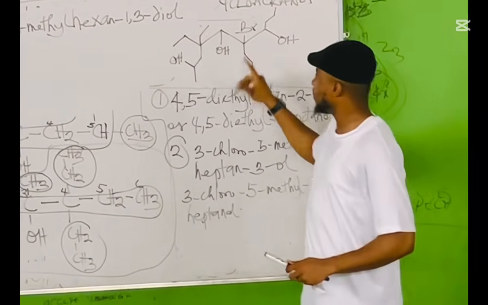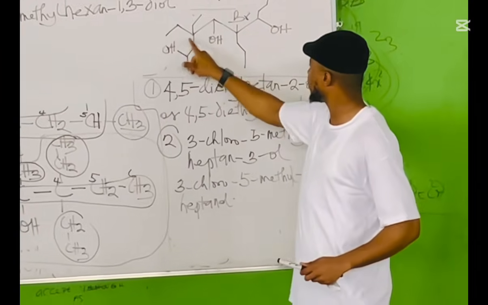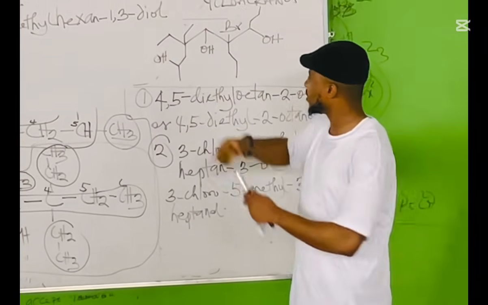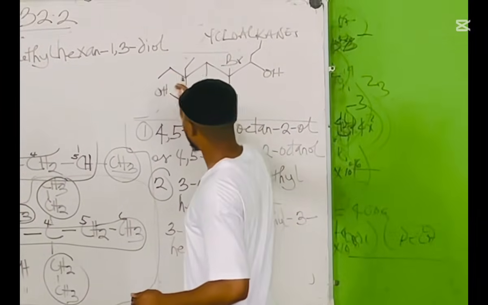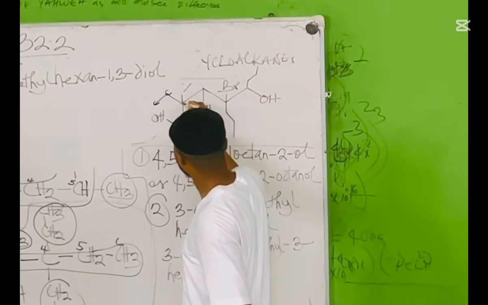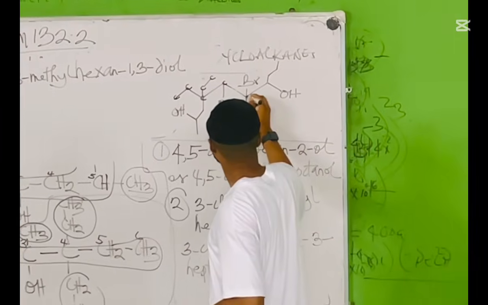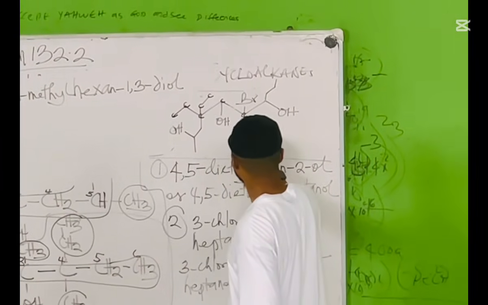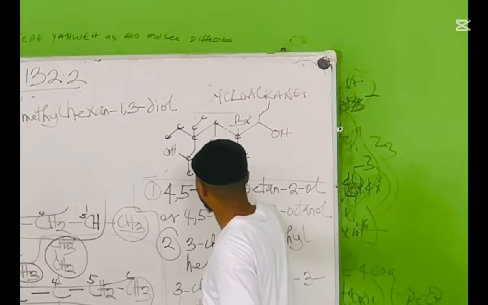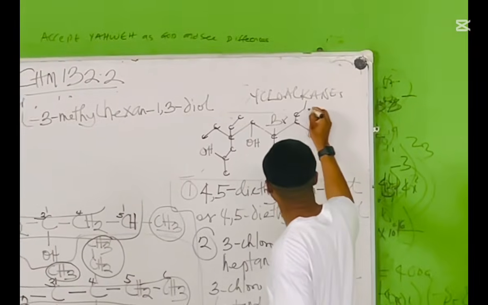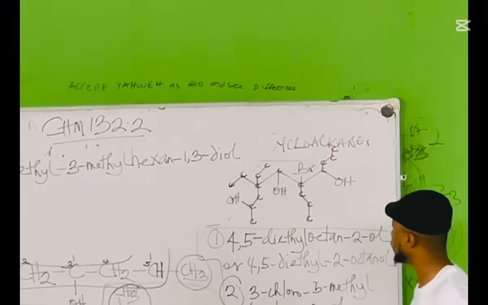It's not. If we count the straight chain, okay, 1, 2, 3. Look at this one. This is a carbon, carbon, carbon. There's another carbon here, carbon here, carbon, carbon, carbon, carbon, carbon, carbon, carbon.